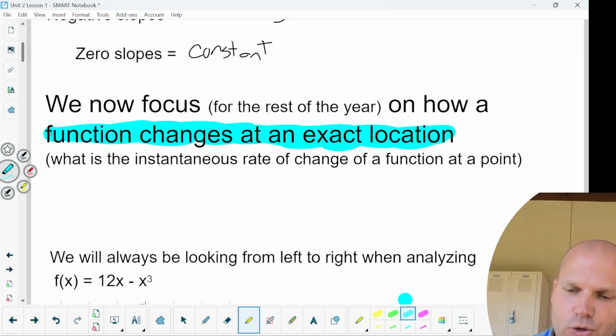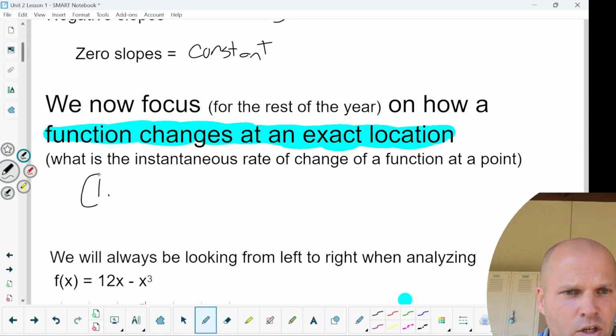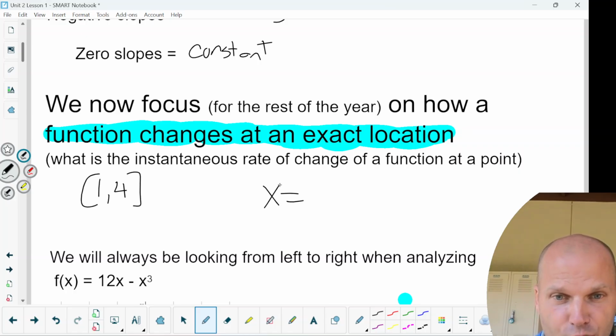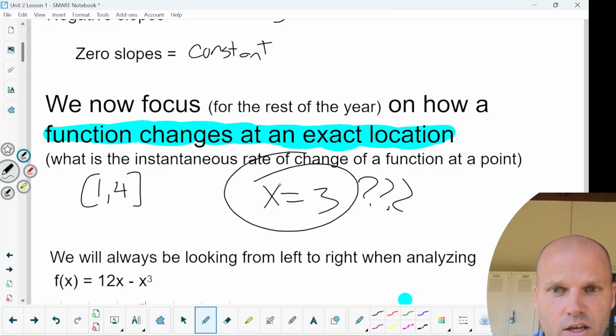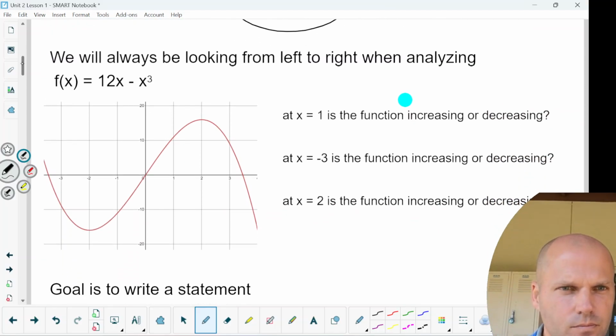I'm now going to ask you, how is the function changing at x equals 4? Is it increasing? Is it decreasing? And how many y's per x is it changing at that location? So no longer are we talking about intervals, like the average rate of change over the interval 1 to 4. I'm going to be like, yo, at 3, what is the rate of change, the instantaneous rate of change?